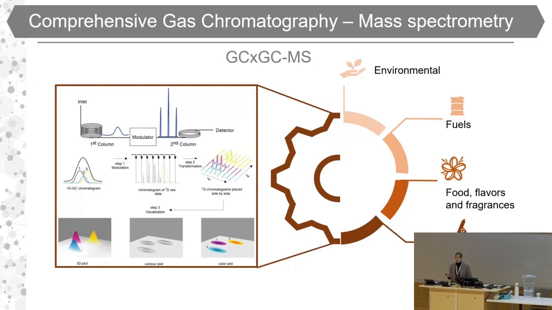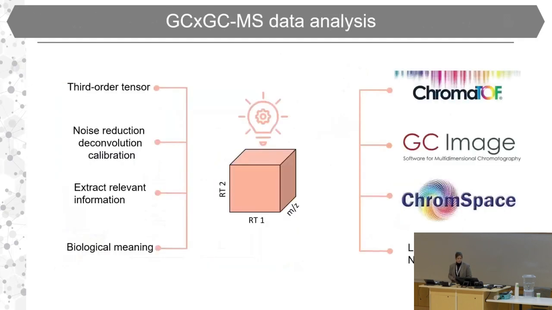However, as this technique is improving and the instrumentation is evolving, the complexity of the data is also increasing. A single GC×GC experiment generates a third-order data tensor, comprising the first dimension retention time, the second dimension retention time, and the associated spectra.